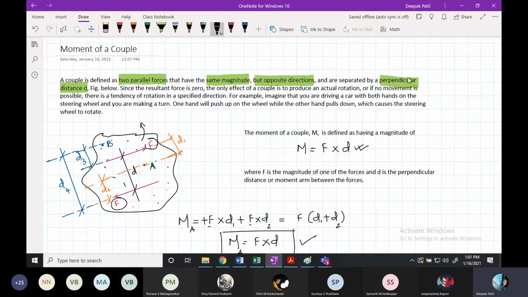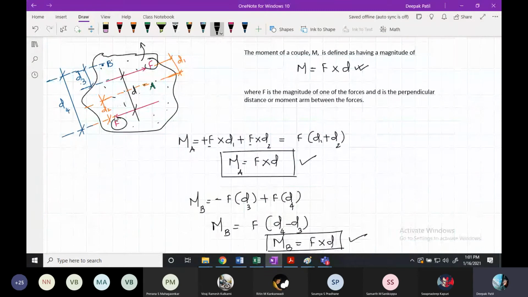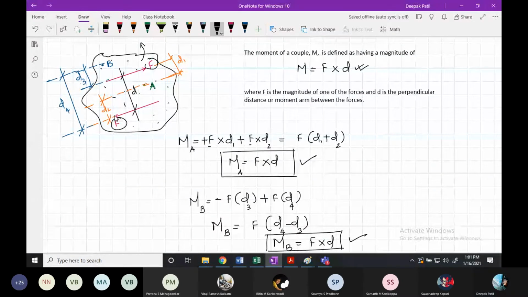When I say parallel, it means they are separated by a perpendicular distance. When these three things are satisfied, the couple will be formed and you can find the moment of that couple. Are you clear? Any doubts?